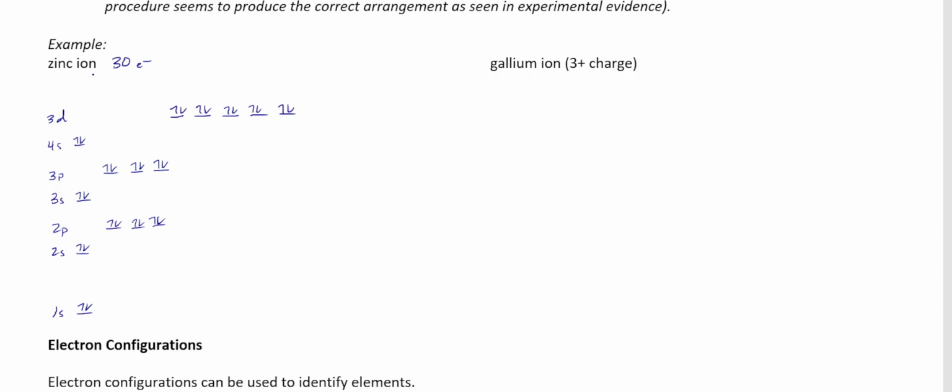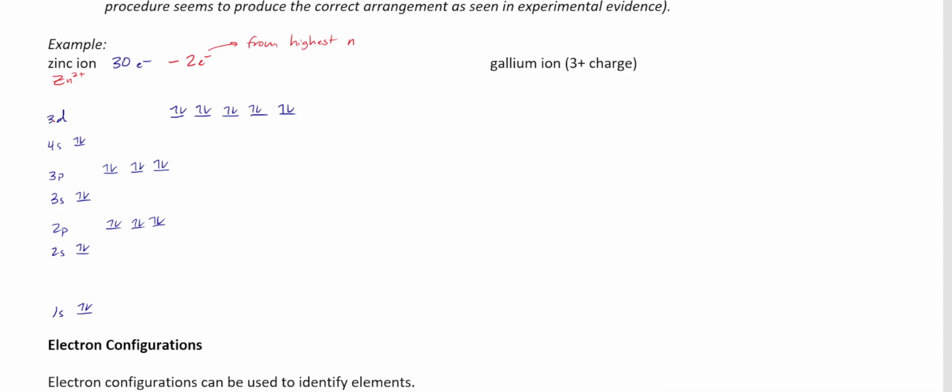But I'm not dealing with a neutral atom here, I'm dealing with the zinc ion. And the zinc ion is typically a zinc 2 positive ion, and we can see that on our periodic tables. So that means I'm going to subtract 2 electrons, and I subtract them from the highest principal quantum number, or highest n.